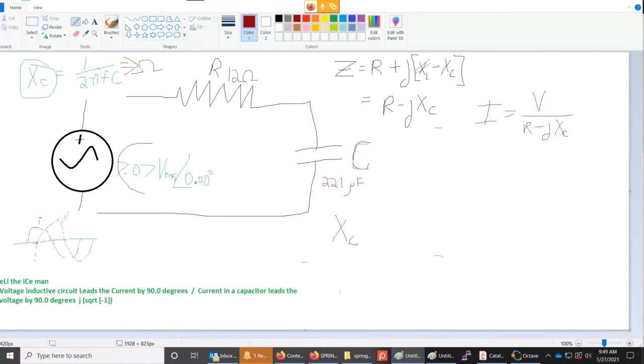Okay, but we need to know the frequency. So I said earlier, we need to know the frequency. A lot of times in your book, they'll show it to you like this, and they'll say something like, oh, well, the frequency is 60 hertz.